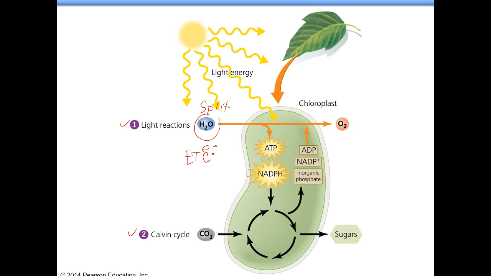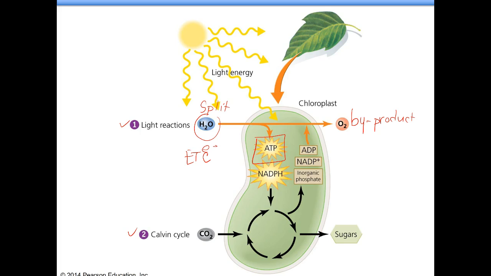From that electron transport chain, we're going to get energy in the form of ATP, adenosine triphosphate. As a byproduct of this reaction, we're going to get some oxygen. So oxygen is a byproduct or a waste that's given off from these light-dependent reactions.